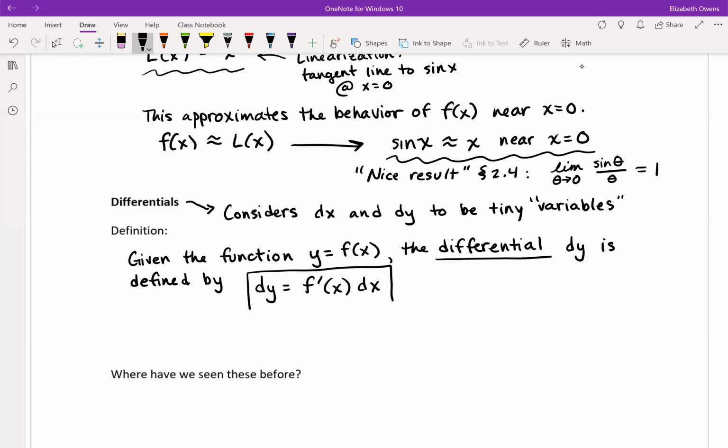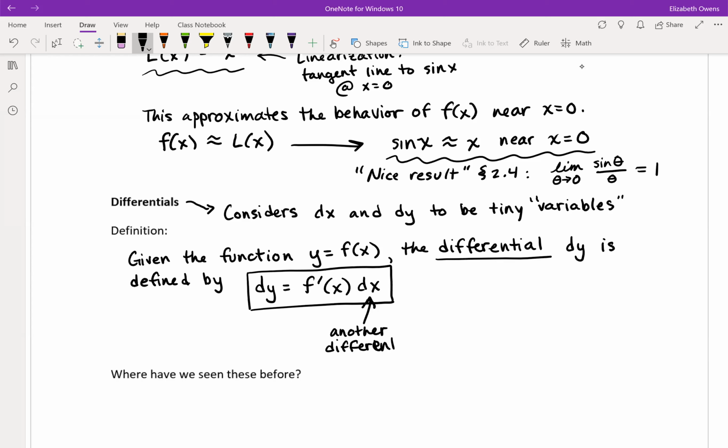Okay. So actually here in this definition, we have one differential dy being defined in terms of another differential dx right here. They are linked to one another.